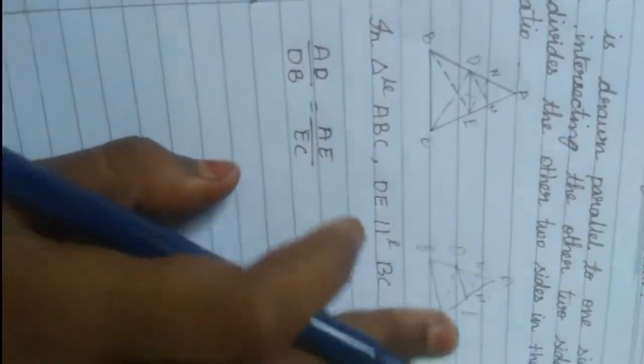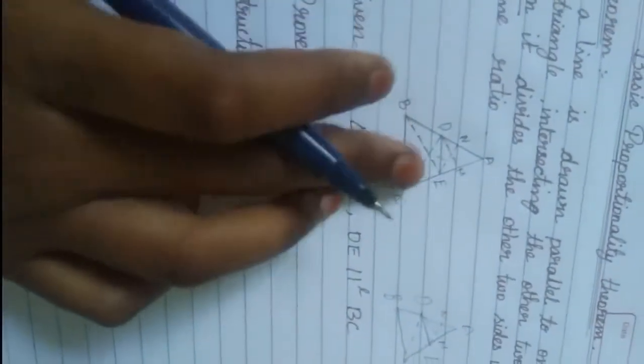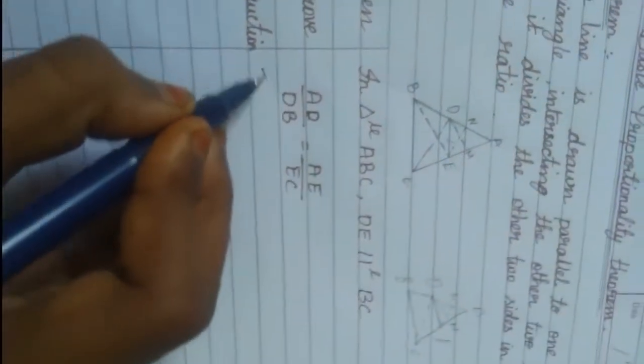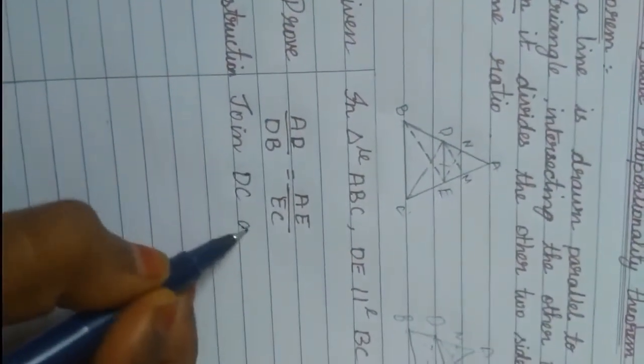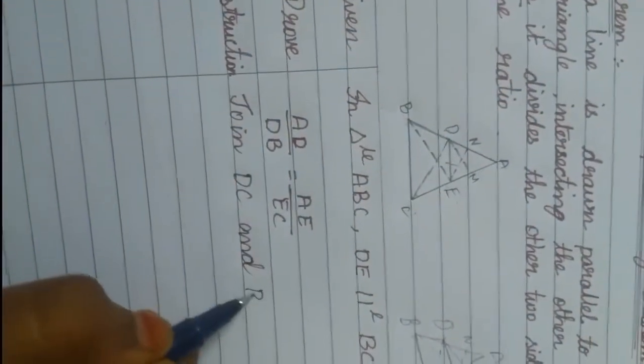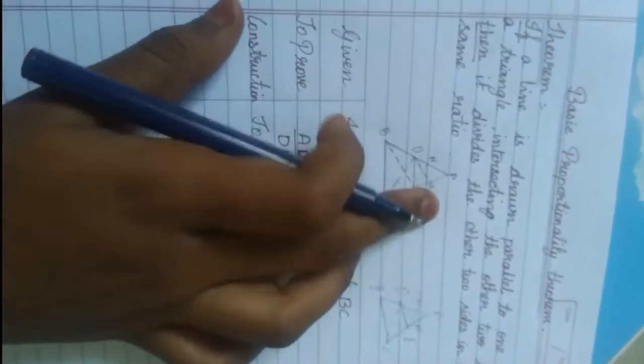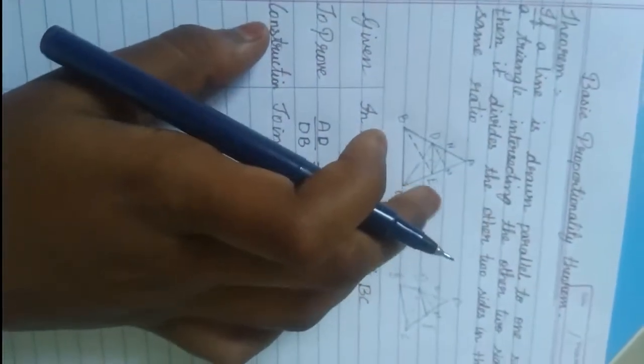So we'll write here. We have joined DC and BE. Next, what have we drawn? We have drawn a line DM perpendicular to AE.